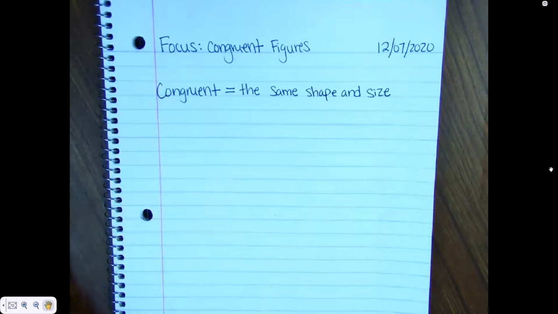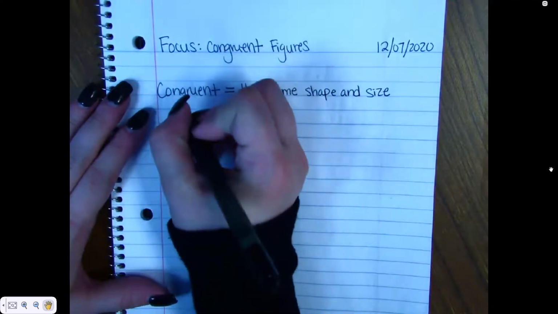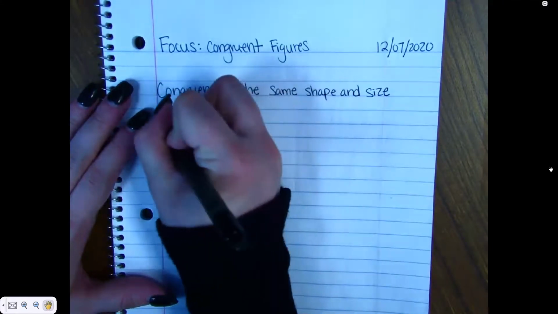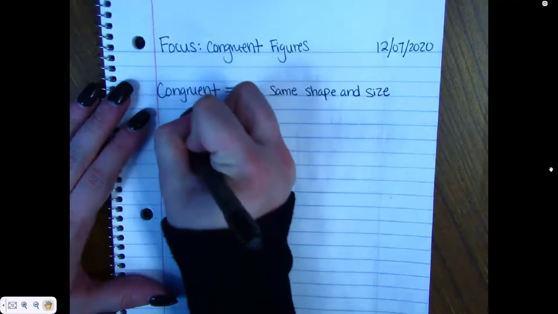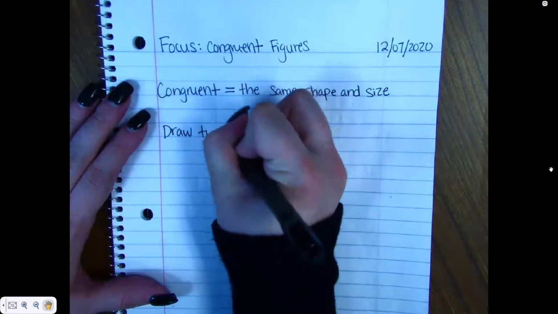All right, y'all ready? I'm going to give you a shape, and then I want you to divide it up. Y'all don't have to write this part, okay? You're just going to draw the shapes. This is super easy.